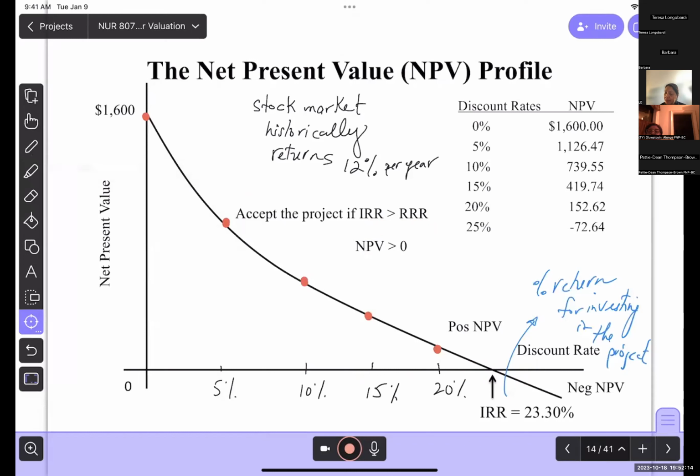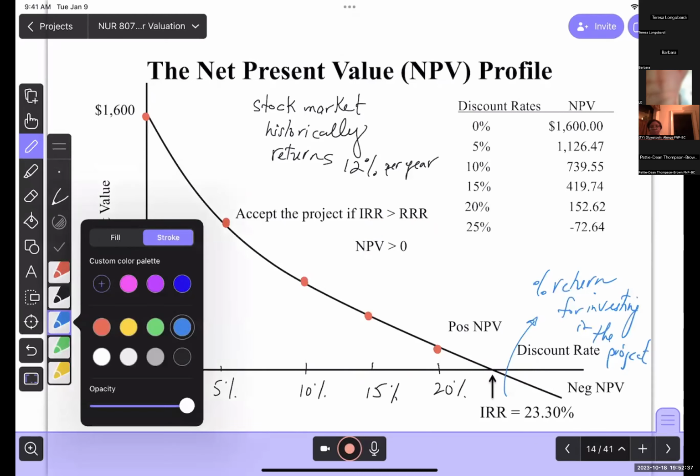So there's two things here. Calculating it is one thing and interpreting it is another. So I'm doing both with you. I don't want to lose you because you're having trouble figuring out how to get it. So you can practice the calculating of it and also not forget how to interpret it.